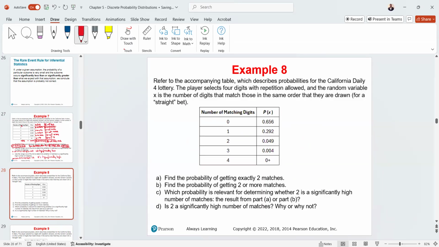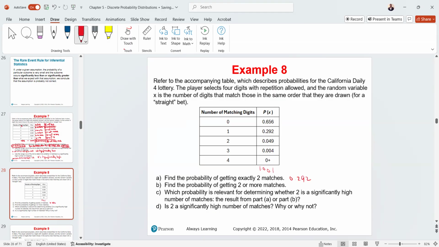Now, probably that would be the next example here. As you can see, we have a few very similar examples, but I'm going to do this one and let you do the next probably. Here again, you see we have exactly the same. We know the total is 1 because we did it. Find the probability of getting exactly 2 matches. Easy to find, that's exactly 2.